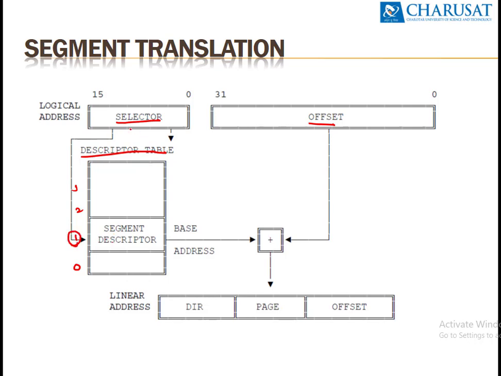So the value of the selector will be 0001, which in binary is decimal 1. If it points to index value 2, then in binary it will be 0010, which is equivalent to 02 in hexadecimal or decimal. So the selector value will point to an index into the descriptor table.